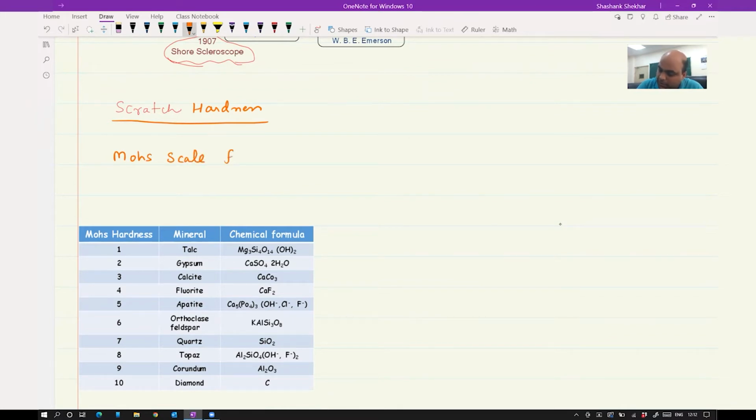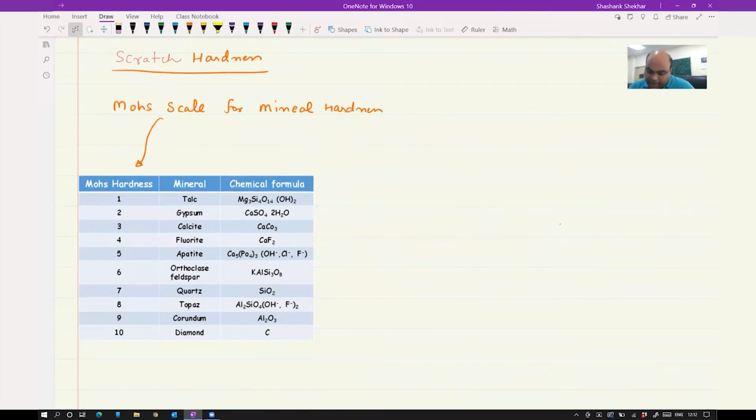Okay, and this is typically for minerals. So this is the table here. We have Mohs hardness varying from 1 to 10 in increasing order like this. Okay, and different minerals have been listed here.